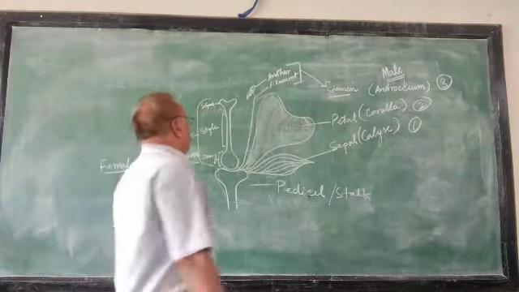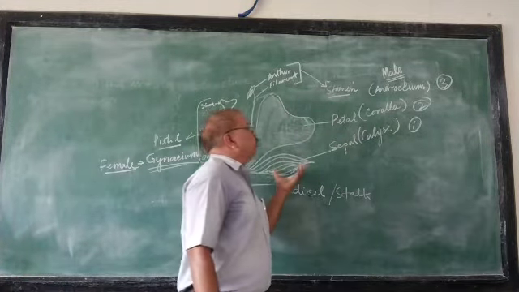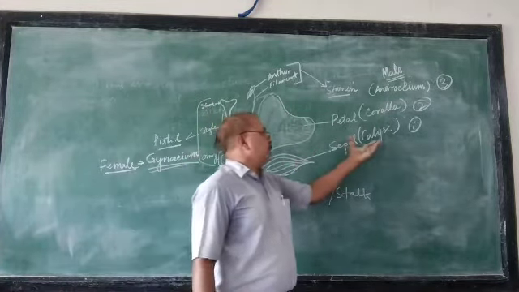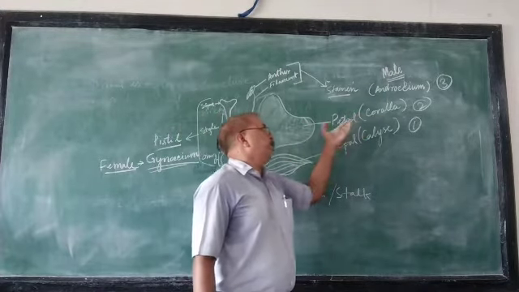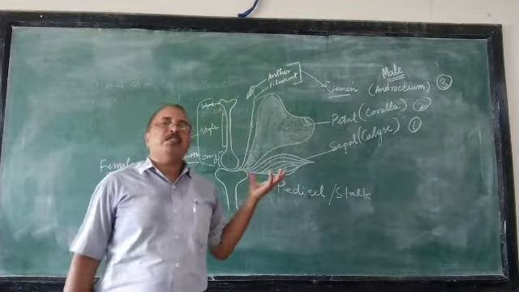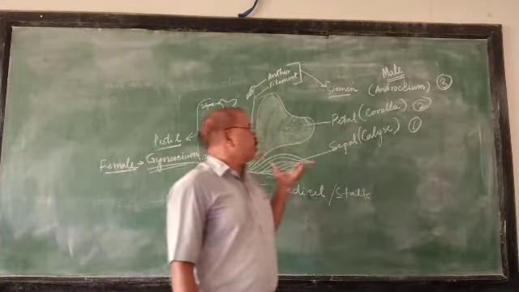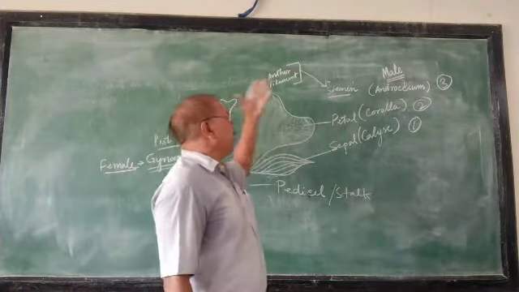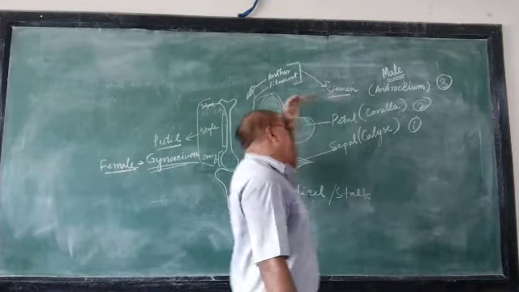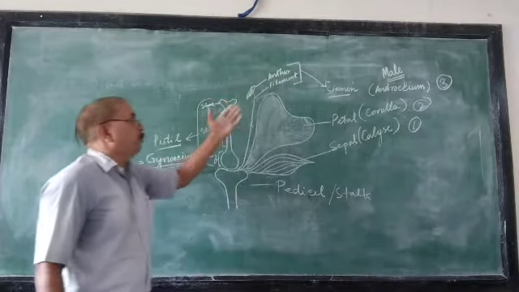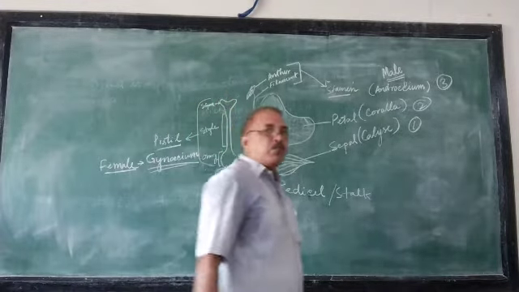So this outermost wall of the flower is known as calyx, and calyx is made up of sepals. The next wall is corolla, made up of petals. Petals are very brightly colored, beautiful, attractive parts of the flower. The next wall is called the androecium, made up of stamen. Stamen is further made up of anther and filament, and these are the main parts of the flower.